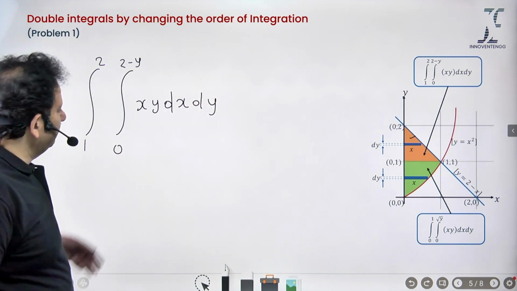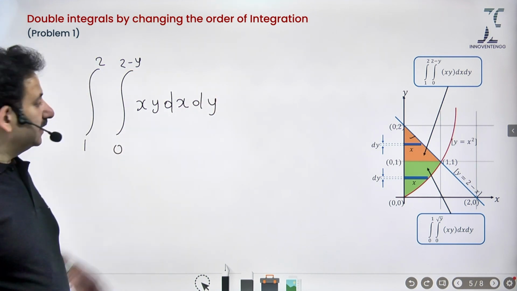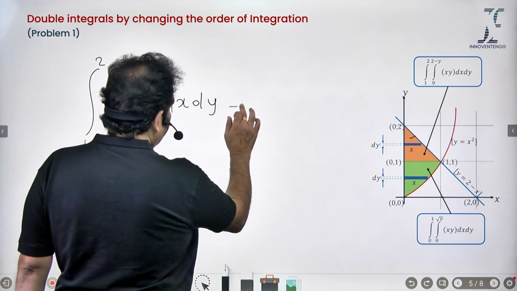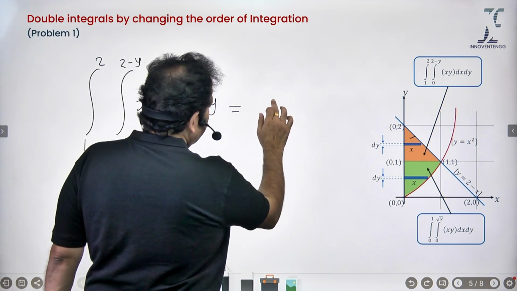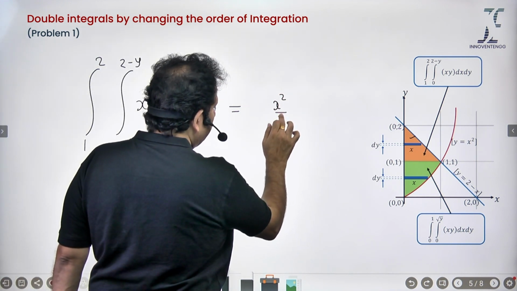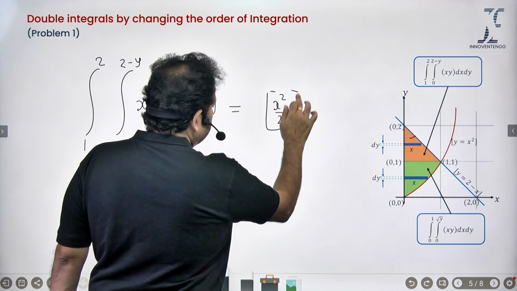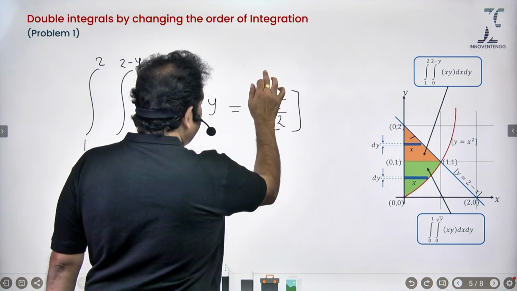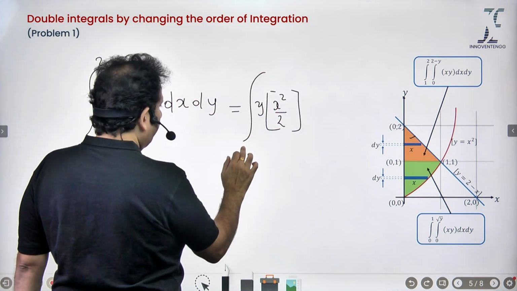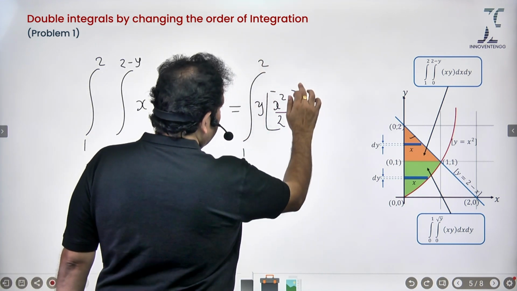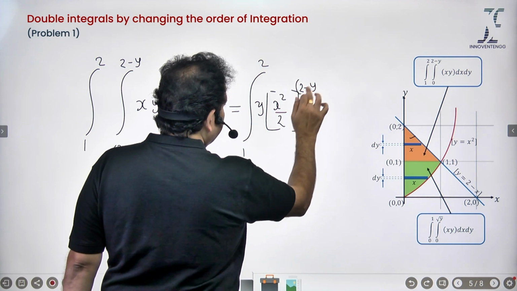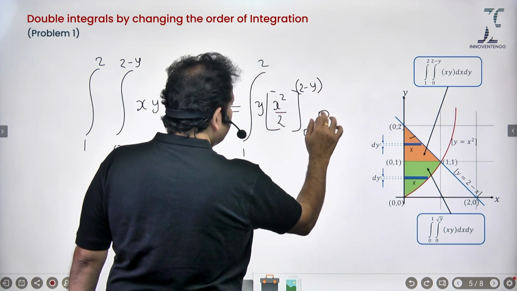So when you are integrating with respect to x, keep y as constant, and as a consequence you are going to get x square by 2 into y. So that is x square by 2, the limits, and then multiplied by y, and then 1 to 2, and what are the limits here? 0, 2 minus y, and then your dy.